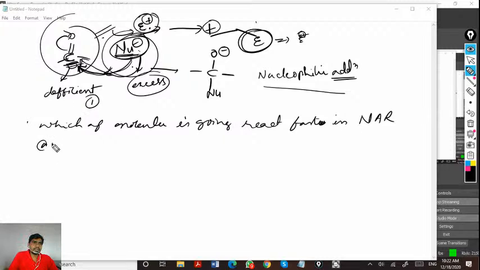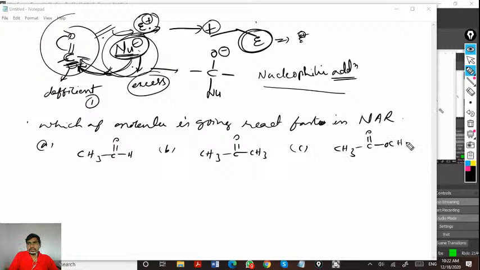Option A, acetaldehyde, B, acetone, C, ethyl acetate, and D, acetamide. So how can you define the reactivity of the nucleophilic addition? What could be the answer?